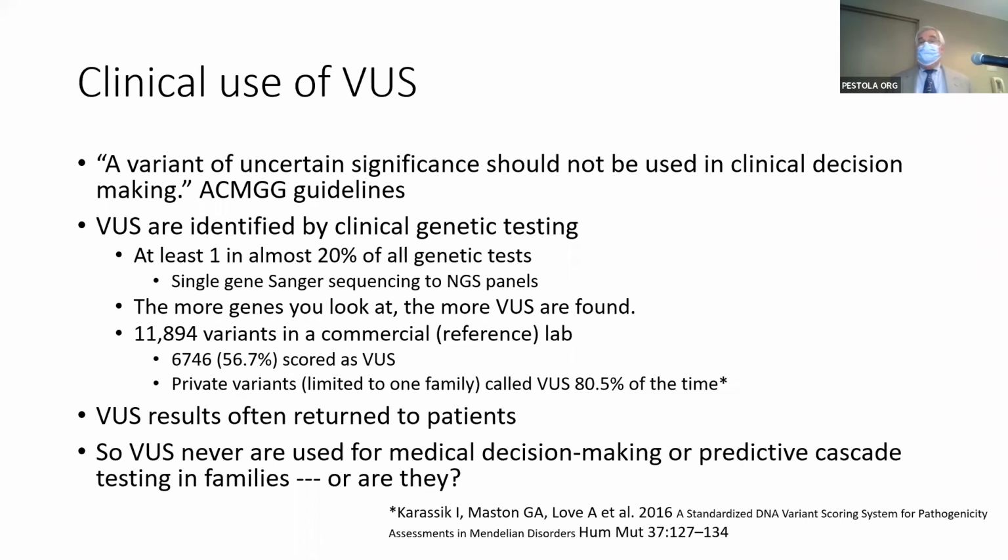Almost 12,000 variants in a commercial reference laboratory, still in existence, and they scored over 50% of the variants that they found as VUSs. If it was a private variant limited to the family, they didn't find anybody else, 80% of the time it was called a variant of unclear significance, because we just don't have enough information to reclassify it.